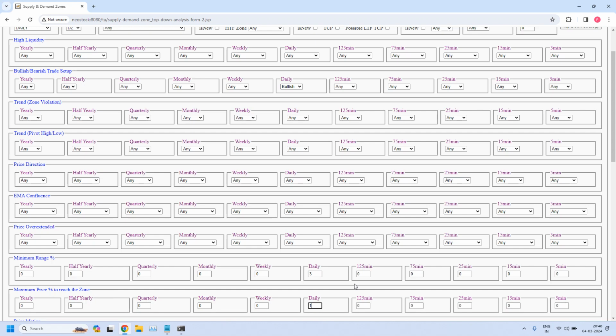That means today's price would have closed within 1% of the demand zone. Now those stocks will be generated. In the next report, we will see the 2% level, and in the third and final report we will see the 3% level. If more stocks are there, we can stop at 1% itself.